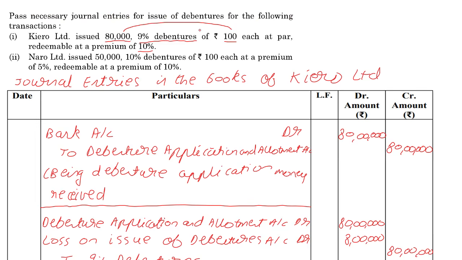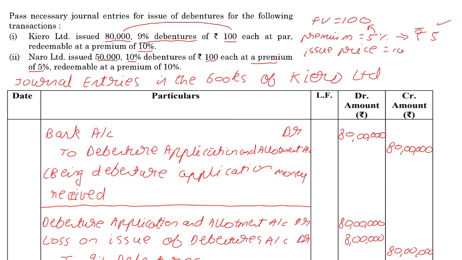We are talking about 50,000 10% debentures of 100 each at a premium of 5%. That means if the face value is 100 and the premium is 5%, that means 5 rupees. Why? Because we multiply 5% into 100, we get 5 rupees. That means our issue price is 100 plus 5, which is 105.